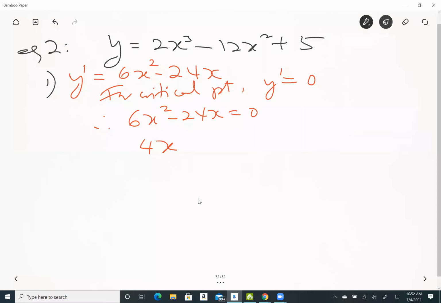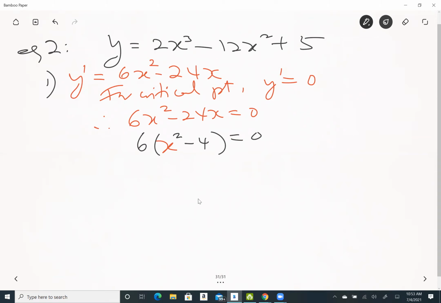So you factor out the 6 in bracket, x squared minus 4x. Yeah, that's right, because 6 times 4 is 24. So here it should be 6. Betul lah, 6.